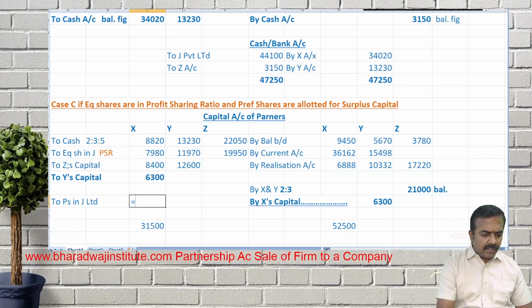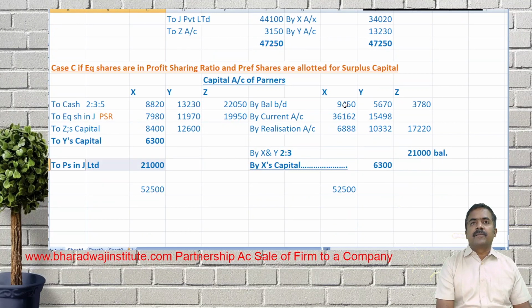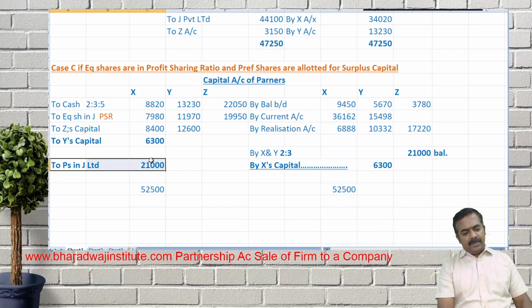So what is the balance you are getting? 52,500 minus 8,820 minus 7,980 minus 8,400 minus 6,300, what comes? 21,000 comes. Check the preference shares in J Limited. How much is there? 21,000. That surplus capital is paid. I'll repeat once again.